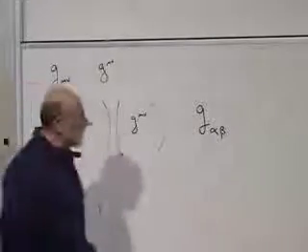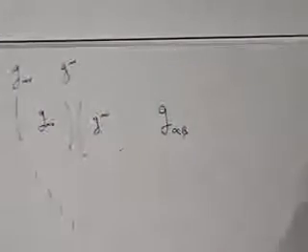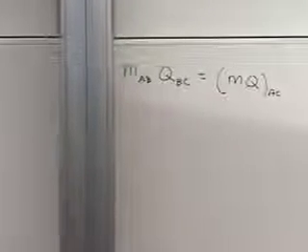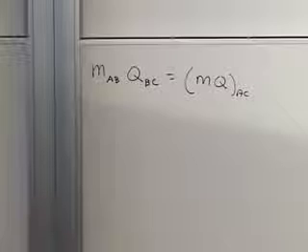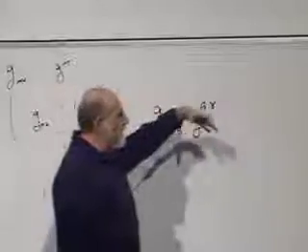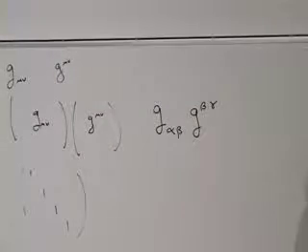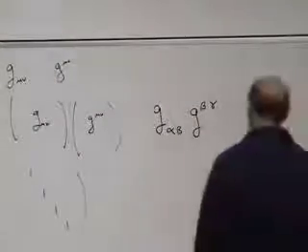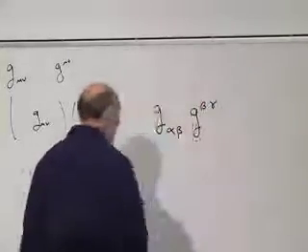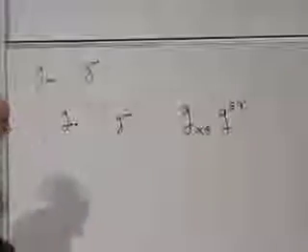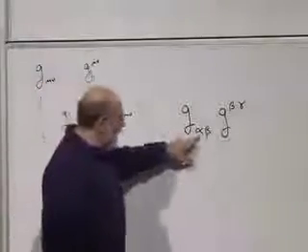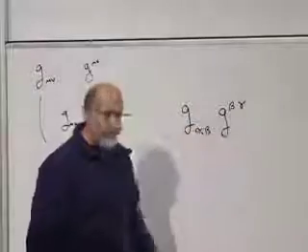Next to it, we put the other matrix that we're multiplying by it, G beta gamma. That's the same logic that we have here, MAB, QBC, G alpha beta, G beta gamma, and sum over beta. That gives us a matrix with an alpha index and a gamma index.